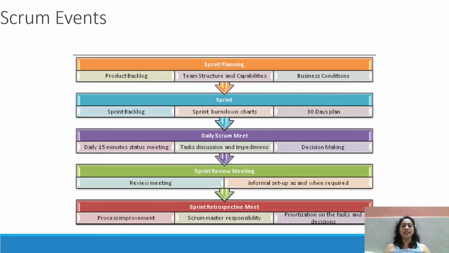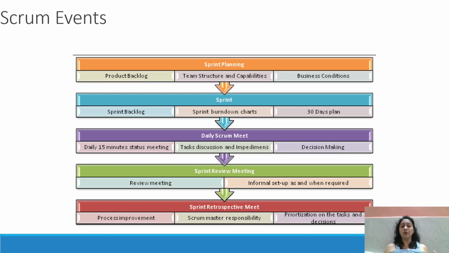Okay, let's go ahead and see the outcomes of each event, how it belongs to and connects to each other. So the first one is the sprint planning event. What exactly happens in sprint planning?